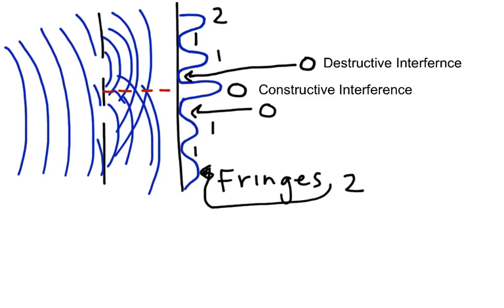Now there is a formula we can use to determine all sorts of things with Young's double-slit experiment. So I'm going to redraw our two slits with our opposing screen, and we're going to label some of these things.